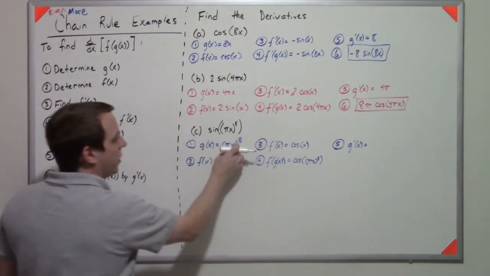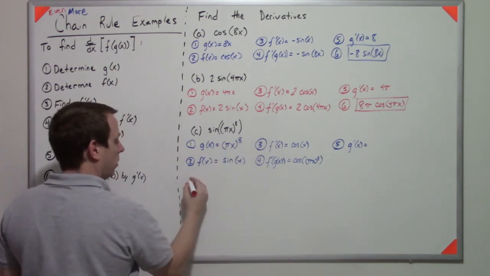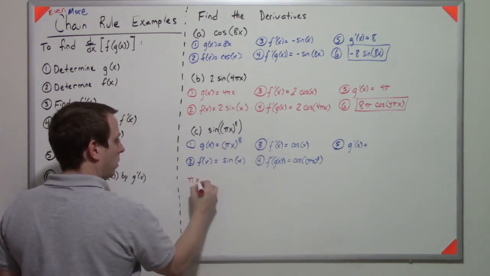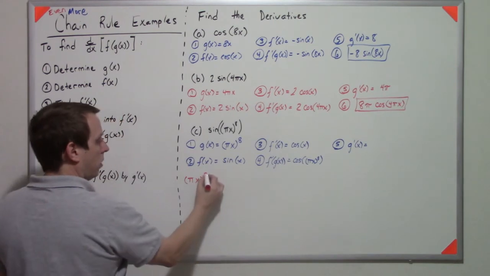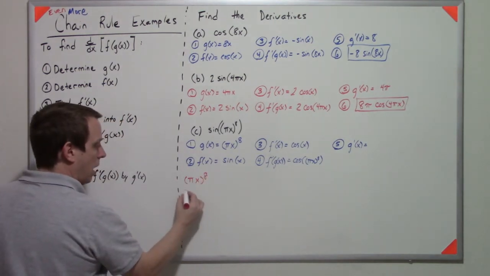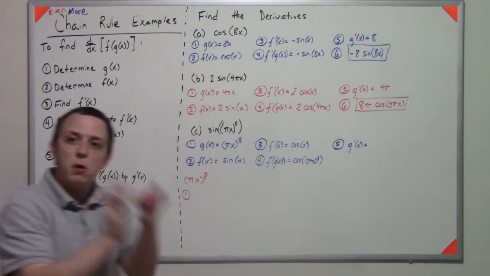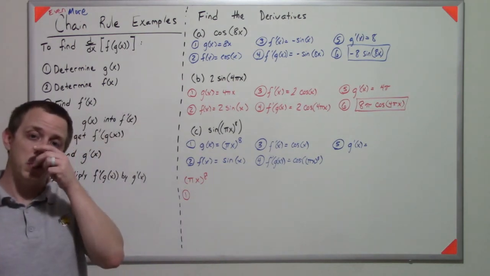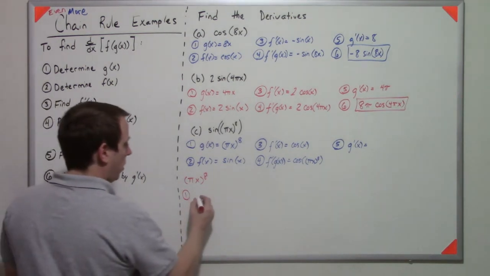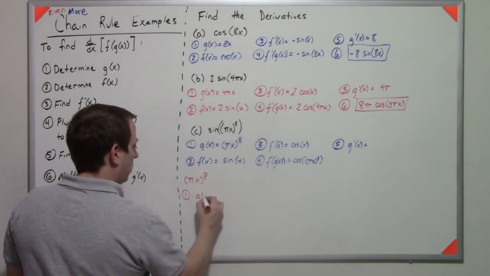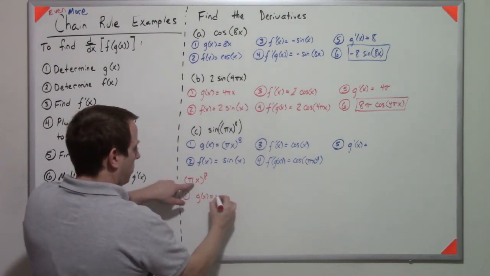So let's take this as a function. I'm going to break this into a subchain rule and say, okay, my inside function here is pi x.